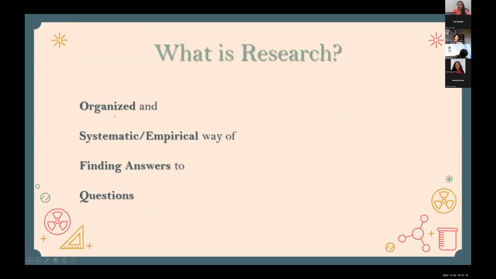So what is research? It's organized because you have a certain structure, you have a plan to move forward. And it's also a systematic, empirical way of finding answers to questions. Now, as Dr. Matthews already pointed out, you may sometimes not find an answer to your question, right?